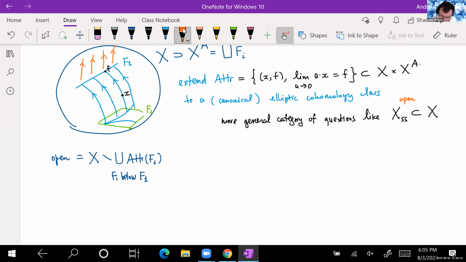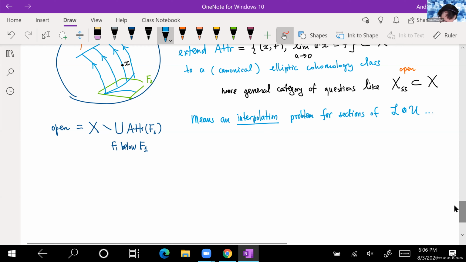How does this work? Maybe I draw another diagram.